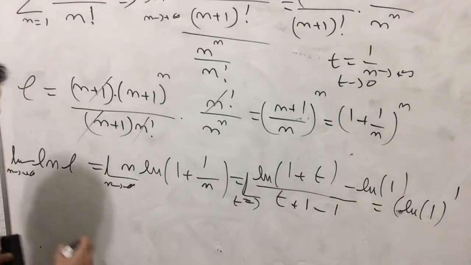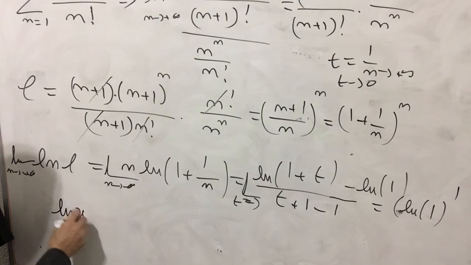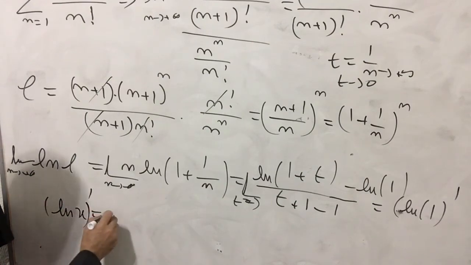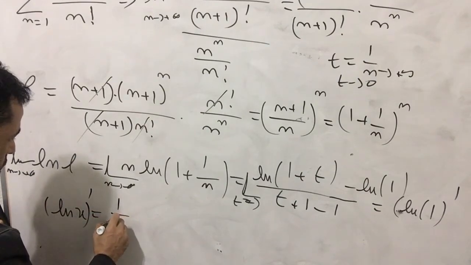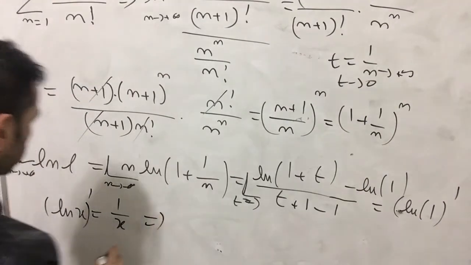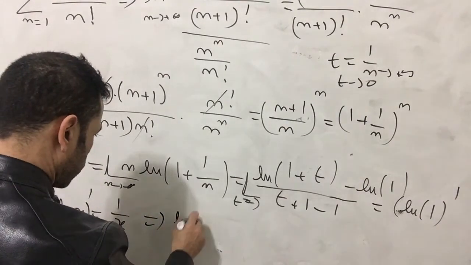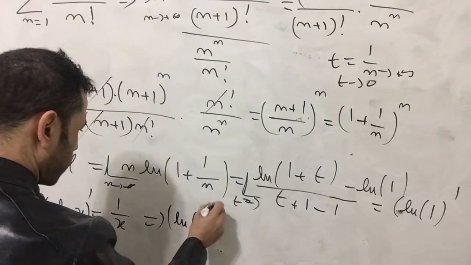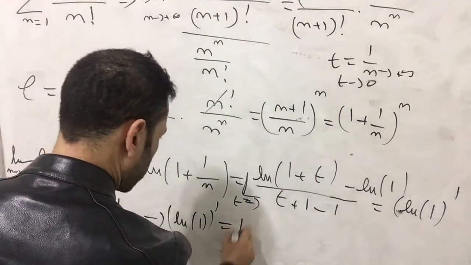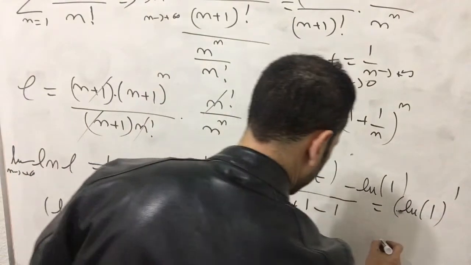If you differentiate the natural log of x, it is given as 1 over x, so the derivative of the natural log at 1 equals 1. So this limit equals 1.